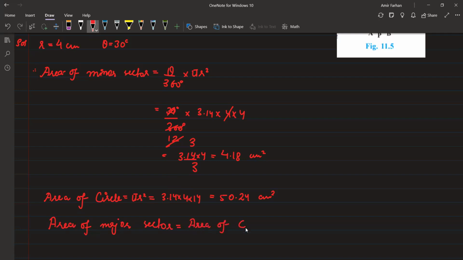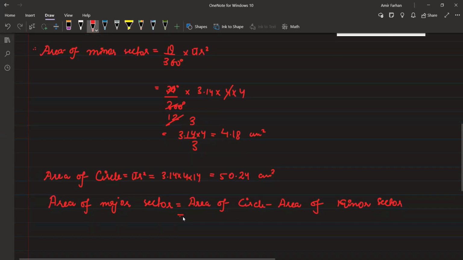Area of circle minus area of minor sector. Clear? Yes. So 50.24 minus 4.18 comes out to be 46.58 centimeter square.